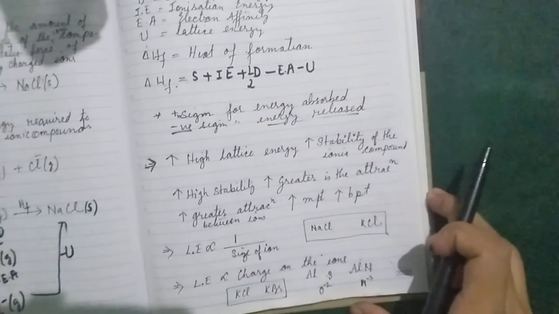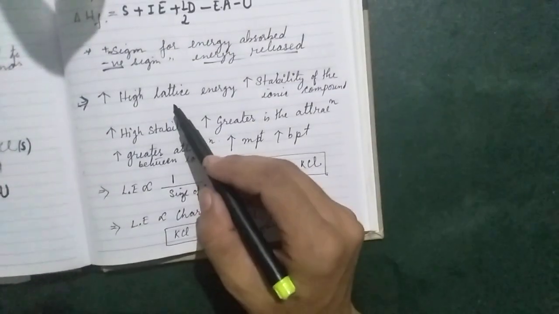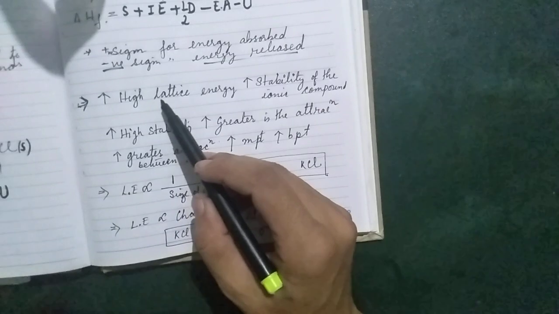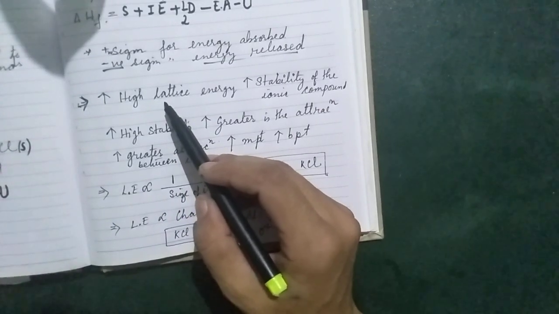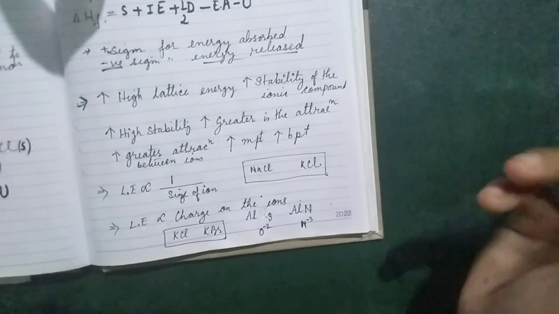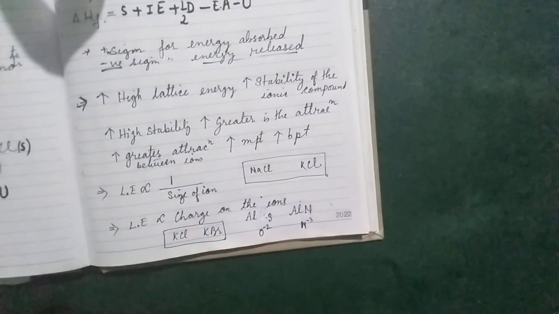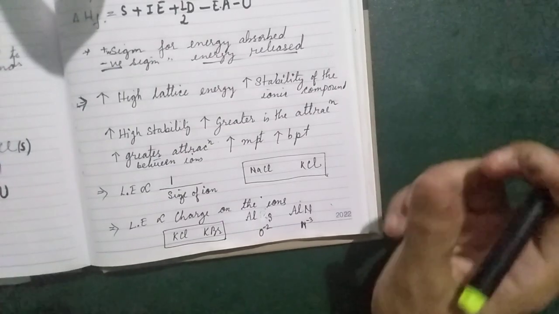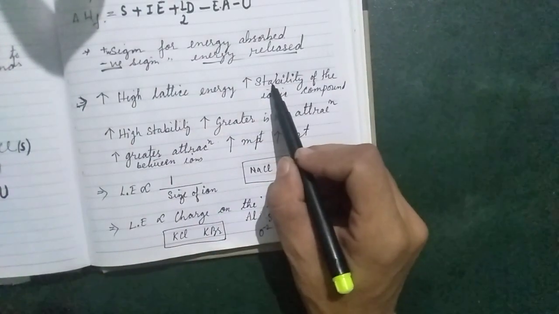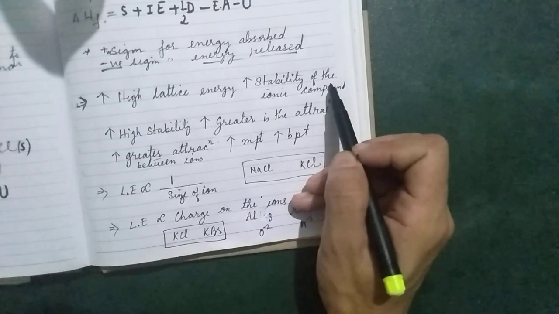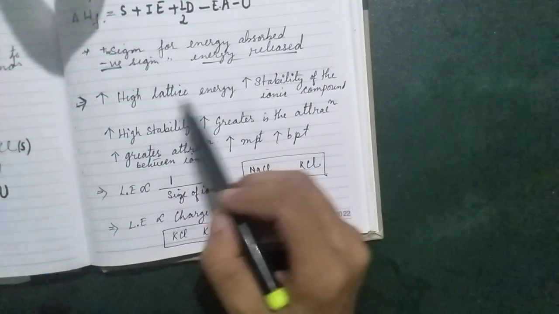Let us now learn about high lattice energy. How do you know this compound has high lattice energy? If the compound has high lattice energy, that means they are forming a very stable ionic compound, because there is a very strong attractive force between them. So the stability of the ionic compound shows high lattice energy.